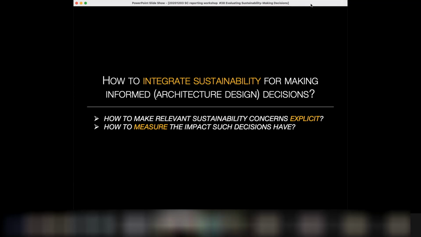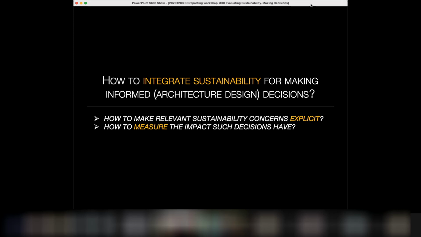So the initial starting point was to address these broad research questions: how to integrate sustainability for making informed architectural design decisions. And this could be translated into two types of sub-questions. First, we have to understand what the relevant sustainability concerns related to architecting are and make these concerns explicit.